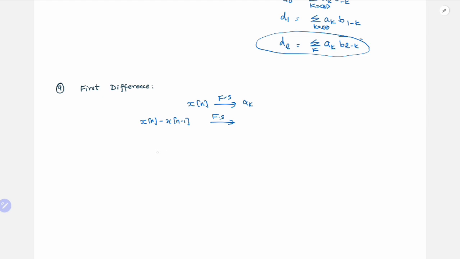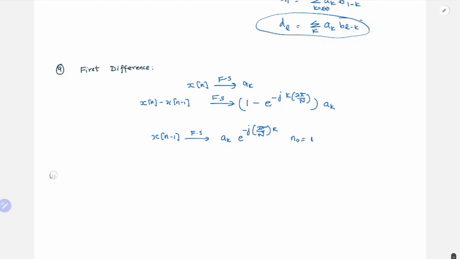For x of n minus 1, you will just have ak into some phase term, which is nothing but e power minus j 2 pi over N into k. Your n0 is nothing but 1 here. So what will this be? This will be 1 minus e power minus jk into 2 pi over N into ak. So this will be your first difference. This is similar to differentiation in your continuous time domain.